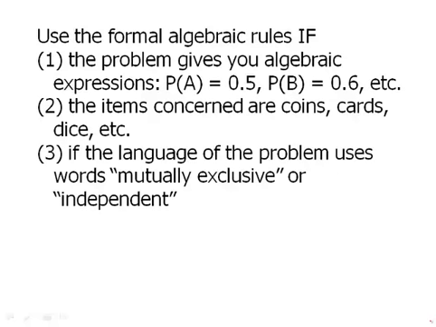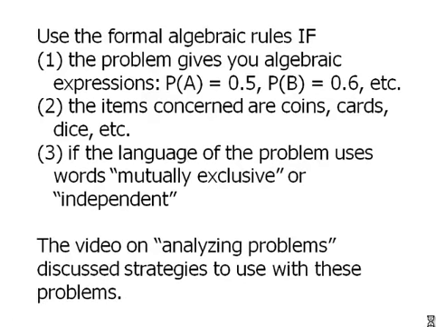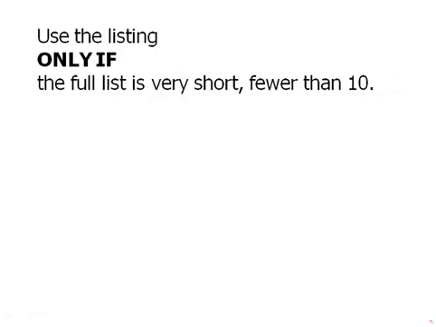And again, if these conditions show up, whether they're mentioned by name or not, use the algebraic rules. Now, there was a previous video that we had on analyzing problems. That's one where we talked more in depth about which of the algebraic rules to use, sort of how to dissect a problem. Now, let's talk about some of the other techniques.